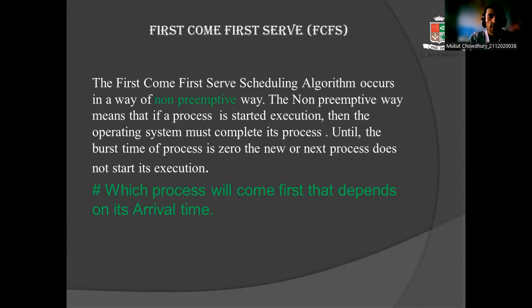So the main theme of First Come First Serve is that the process that comes first will complete first, and the next will start after the first completes. Which process comes first depends on its arrival time.